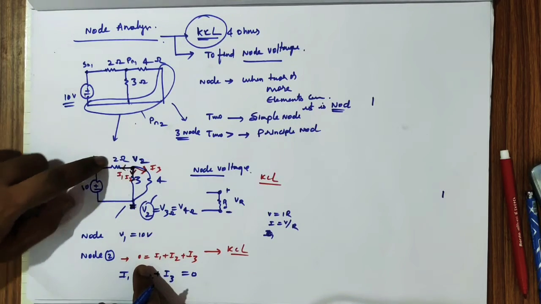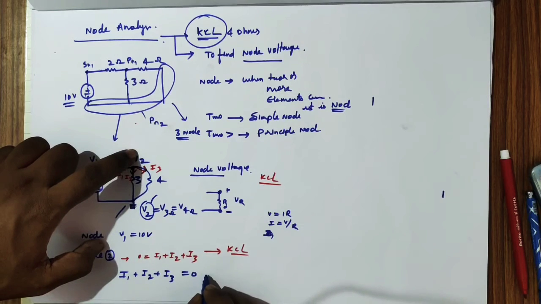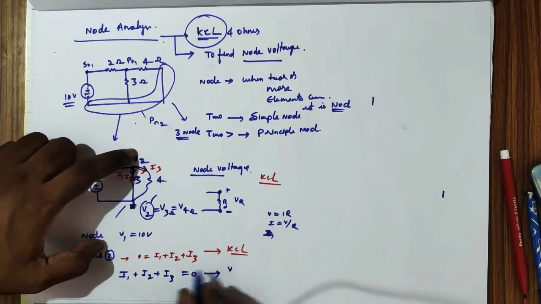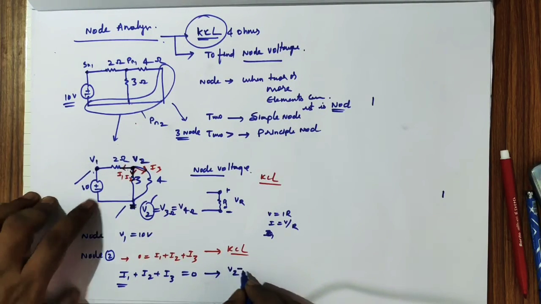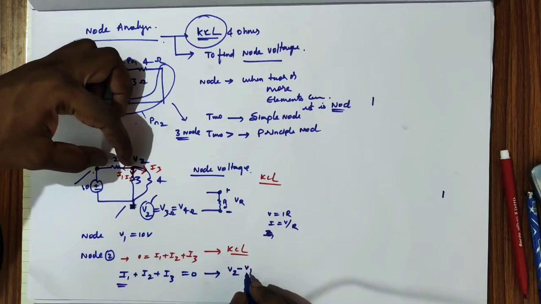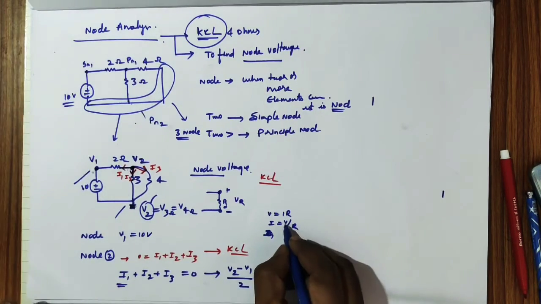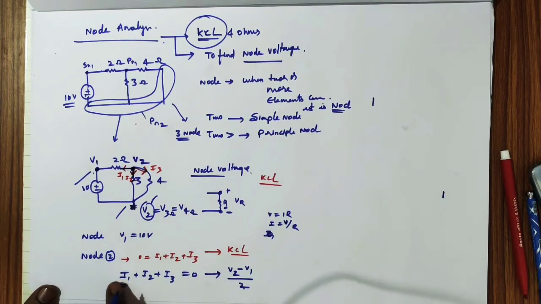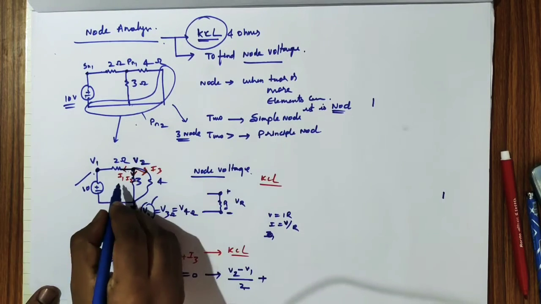The voltage of this branch is V2, so I1 is V2 minus V1, the branch voltage. So the element branch voltage is V2 minus V1, divided by 2, that is voltage by resistance. That is I1.